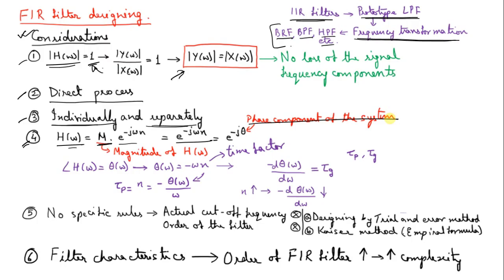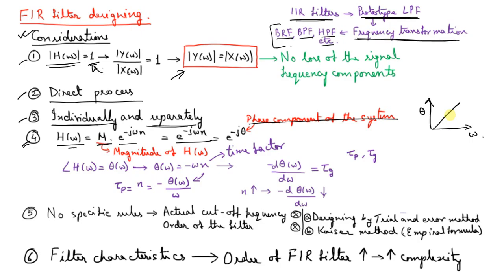Now for FIR filters, if you plot theta phase versus frequency, then it is usually a linear system. Linearly it increases, and due to this reason FIR filters are regarded as phase linear filters or linear phase filters.